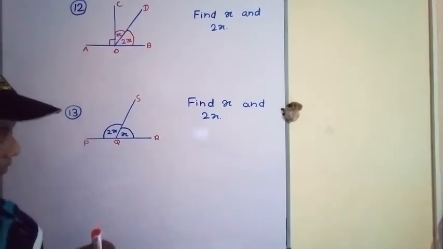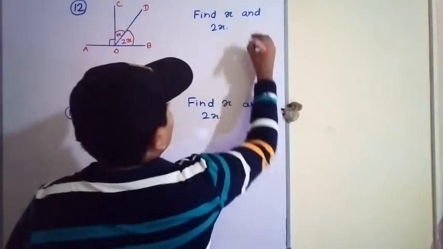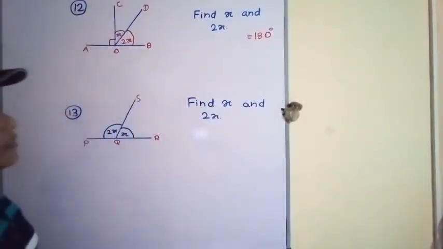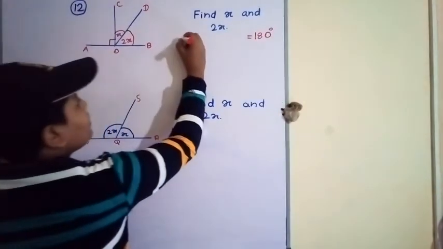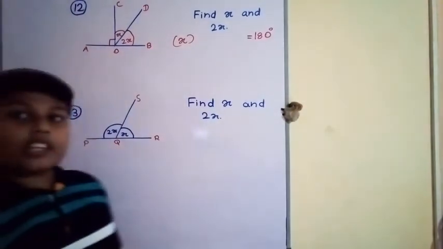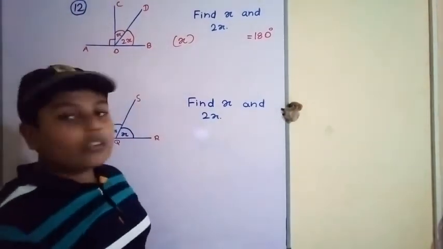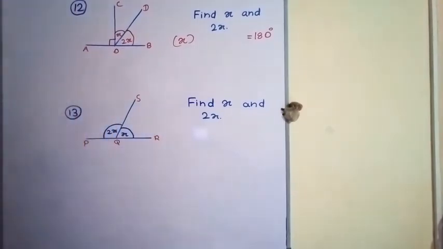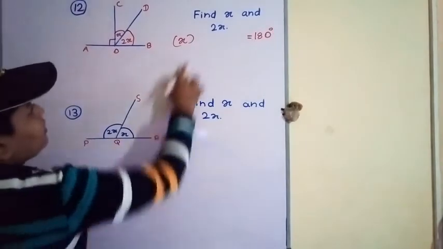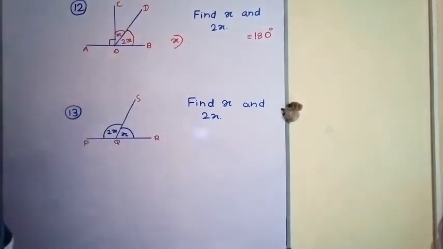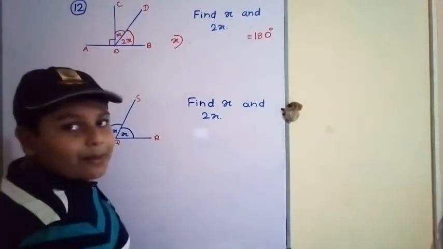Now, the straight line is 180 degrees. This one is for only x. If you want to find the 2x, you want to firstly find the magnitude of x. This one is for x. Now you write the separate equation.